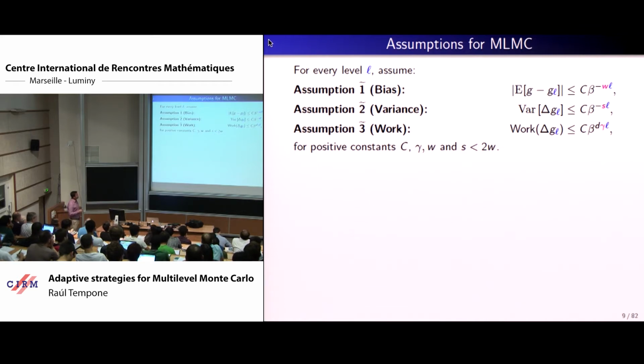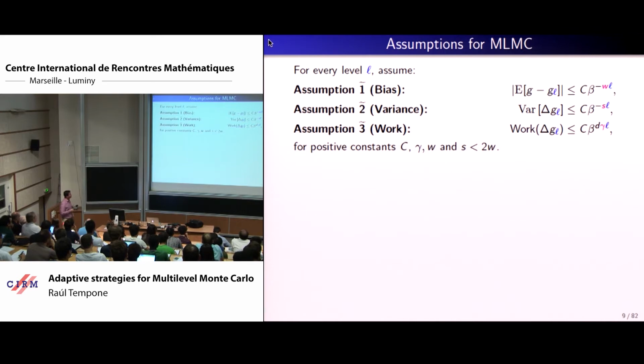The variance assumption, again, indicates some kind of error rate, but this error is now measured in L2, and instead of taking the difference between G and G_L, now we are taking the difference between G_L and G_{L-1}, since we put it inside of the difference. And we have a strong rate of convergence S, which is not going to be W in general.